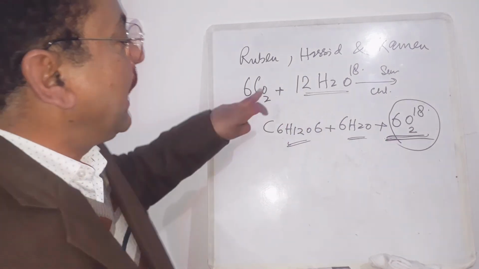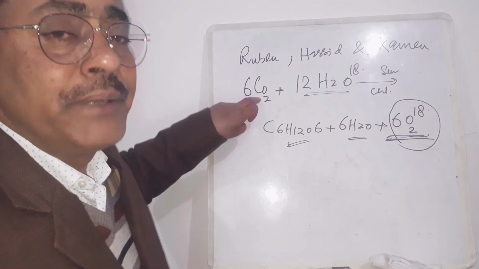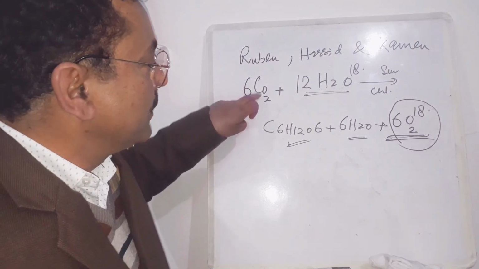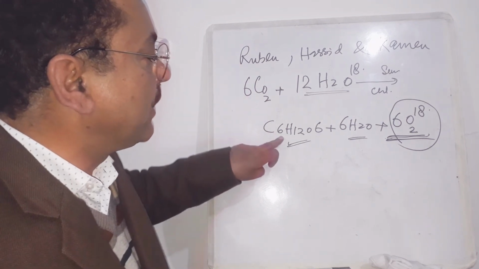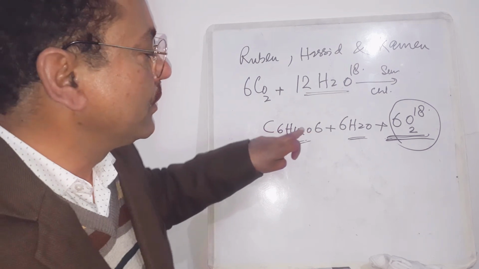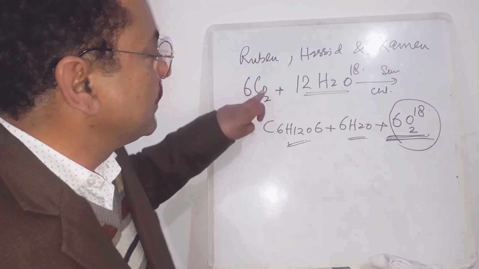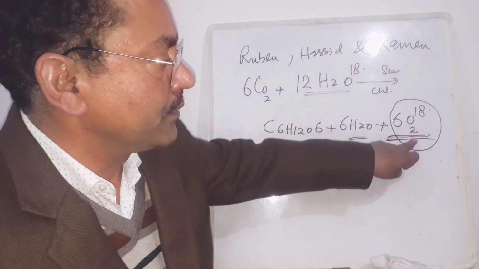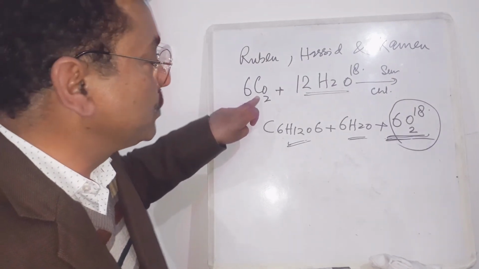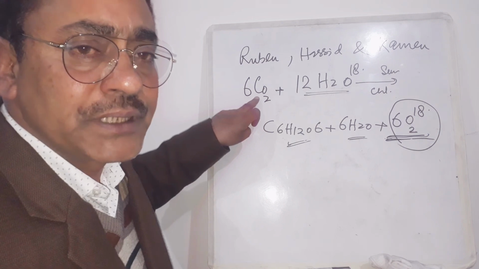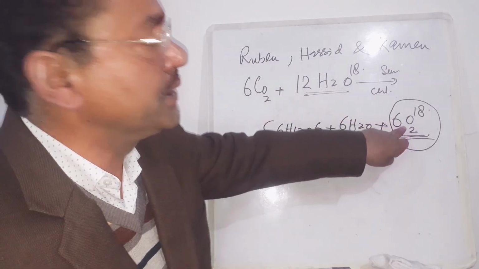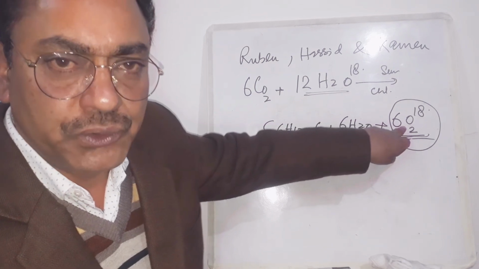So, had oxygen been liberated by carbon dioxide in this process, then this oxygen would have been found in what? It would have been found here. Had carbon dioxide been able to produce free oxygen in the process of photosynthesis, then the liberated oxygen wouldn't have been radioactive isotope.